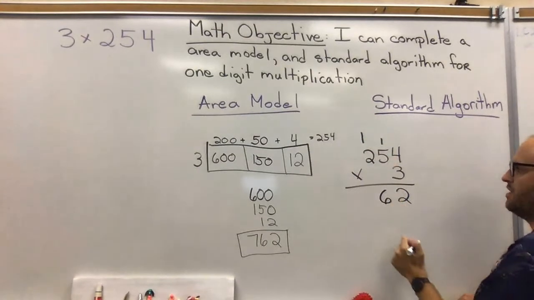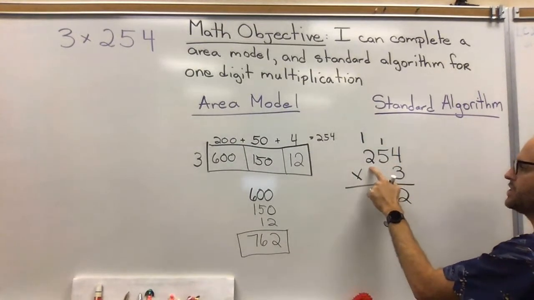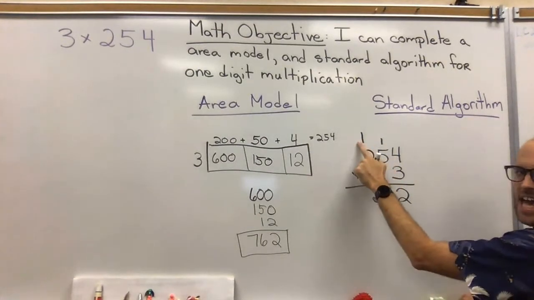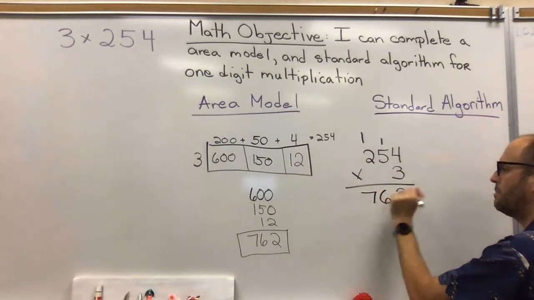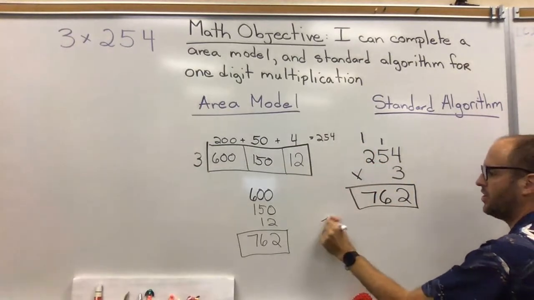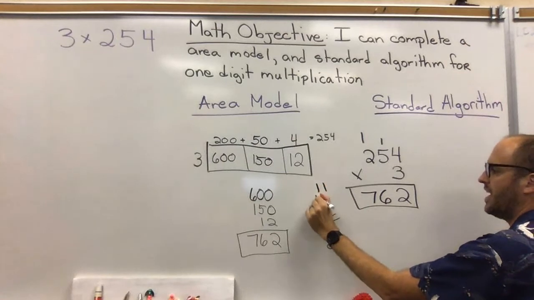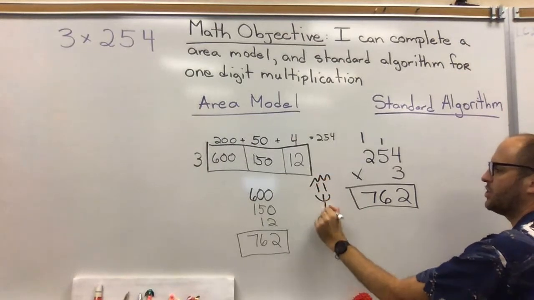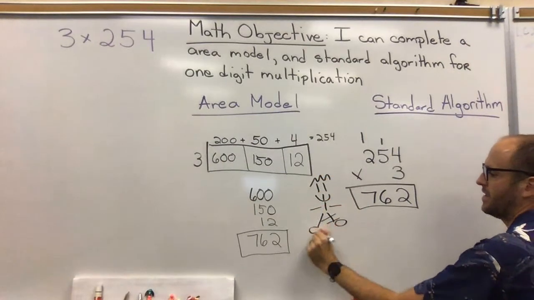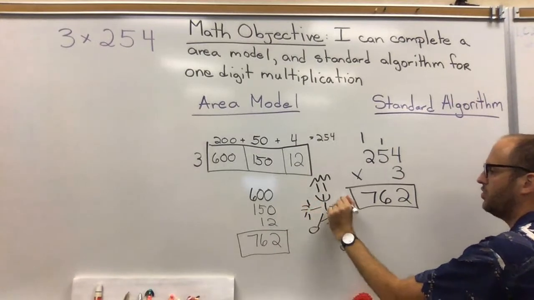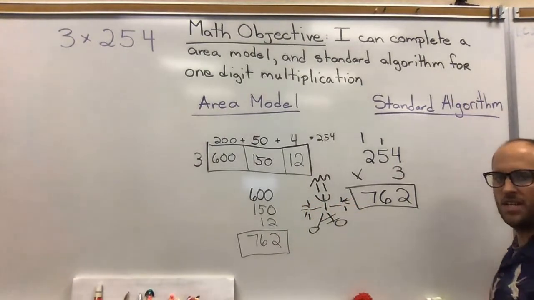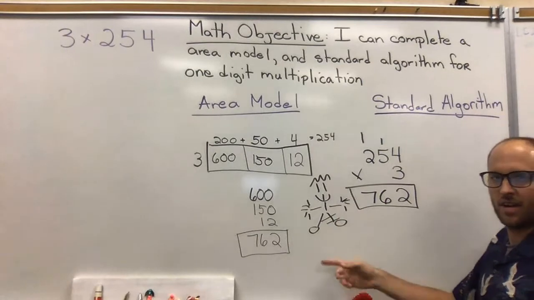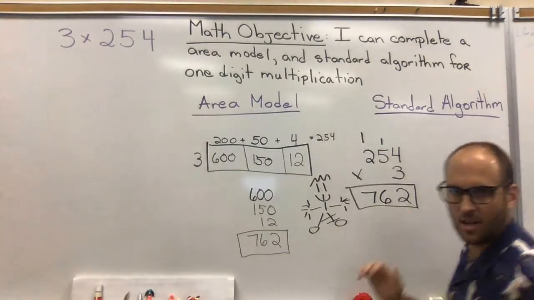Carry the 1, so you have 100. 2 times 3 is 6. Add 1 here is 7. Presto magico! They equal, and everybody is super happy. And this is how you do one-digit multiplication with the area model and the standard algorithm.